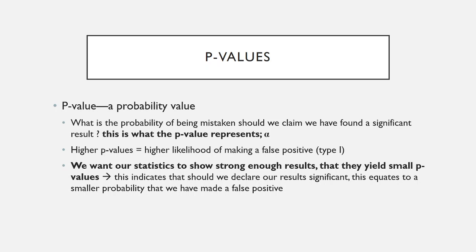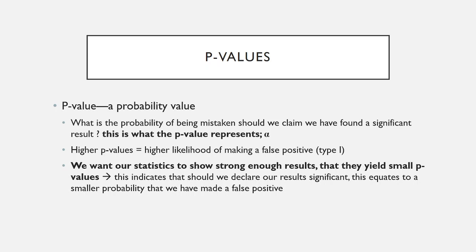So what we do is we compute whatever statistical analysis is appropriate, and then we want to evaluate the strength of that outcome. We want statistical outcomes, numerical outcomes that are strong enough, impressive enough, that they yield smaller and smaller p-values.